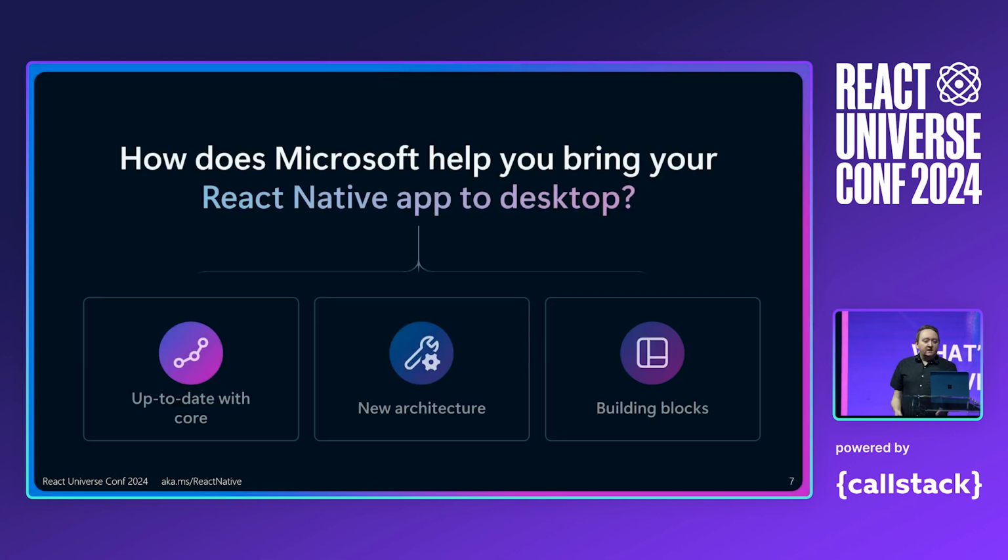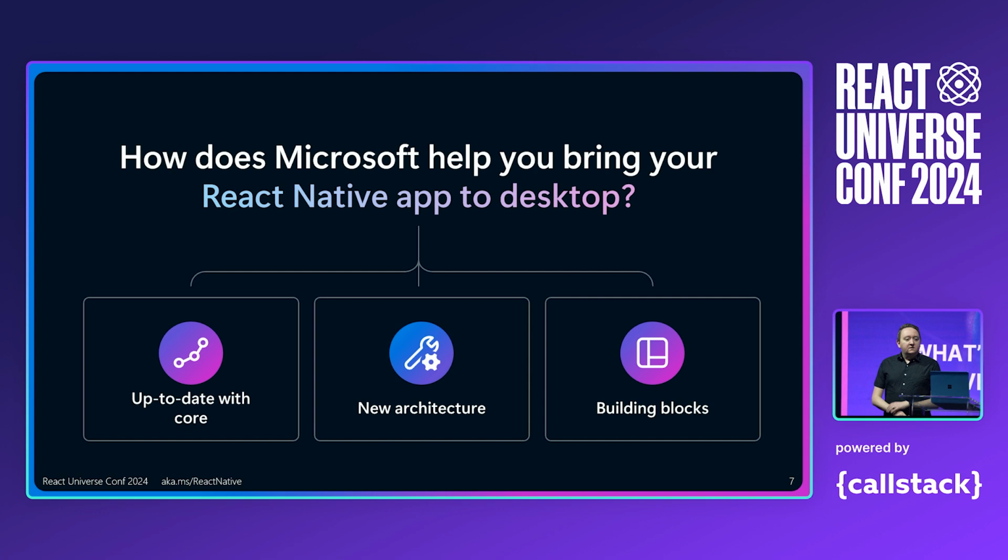So you might be wondering, okay, that's all well and good. How is Microsoft helping me use my React and React Native skills to bring my experiences to desktop? And there are 3 primary ways. One is we keep up to date with core. We want to make sure that Windows and macOS is not some separate, totally different feeling experience.